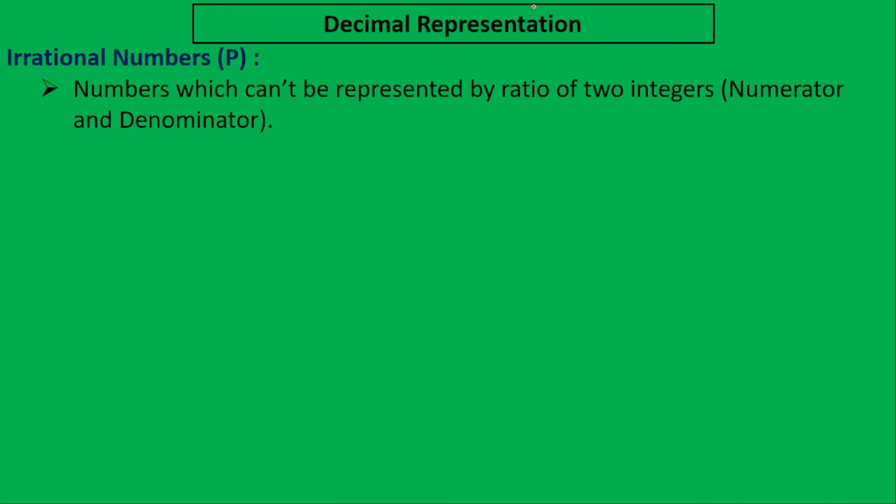Now irrational numbers. Numbers which can't be represented as a ratio of two integers, numerator and denominator, are irrational numbers.